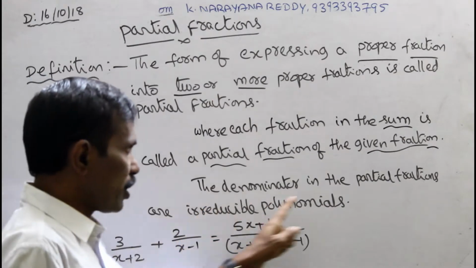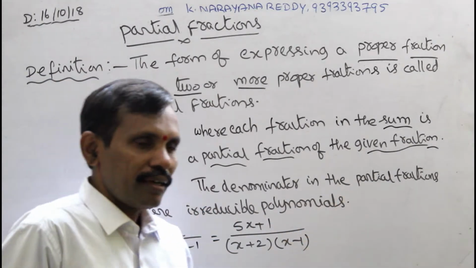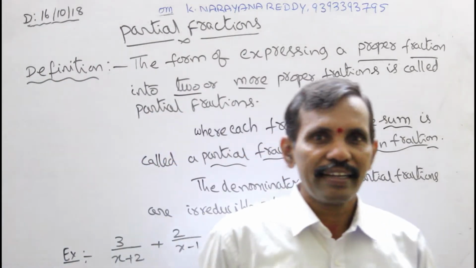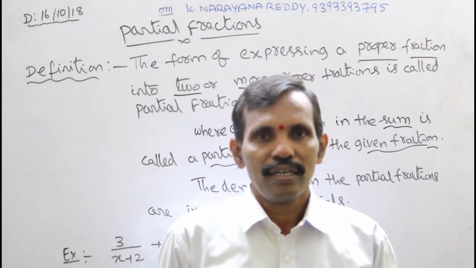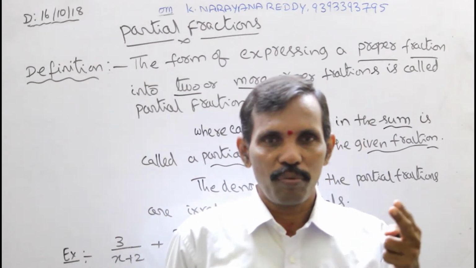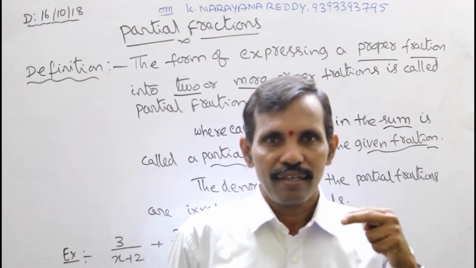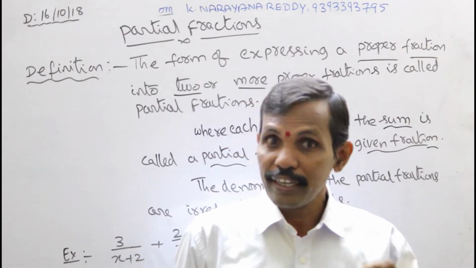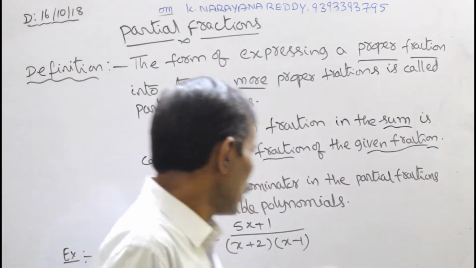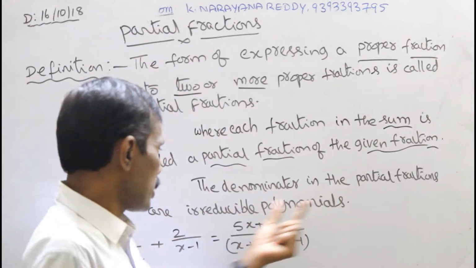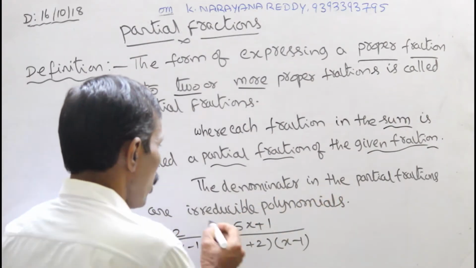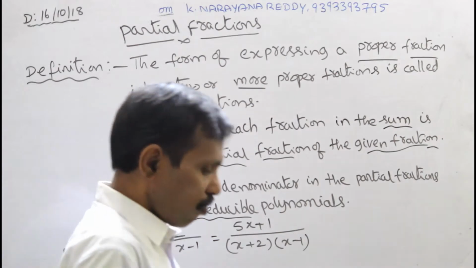A fraction contains two polynomials, numerator and denominator. Denominator means below. The denominators in the partial fractions are irreducible. What is irreducible?